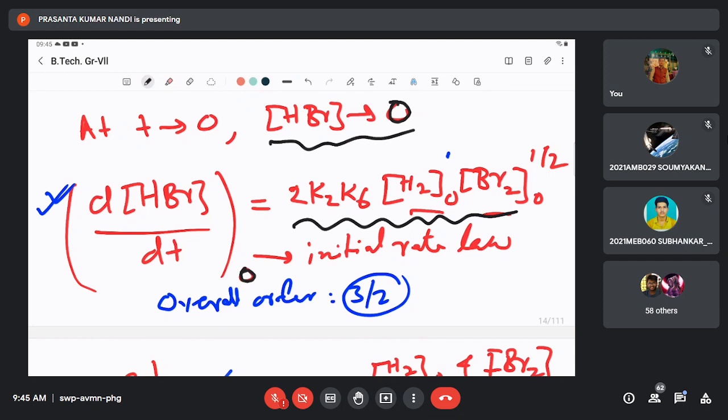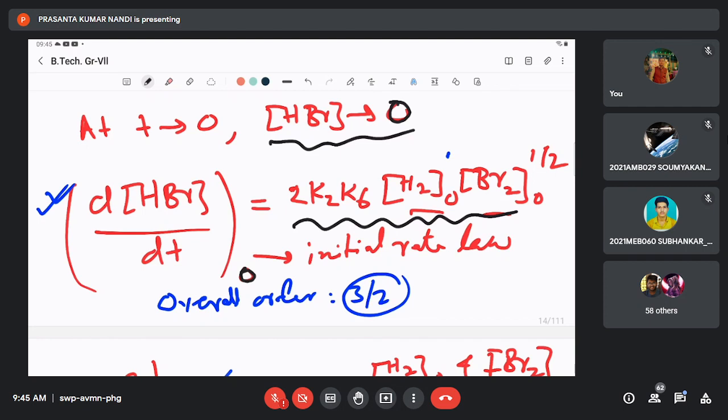And naturally, as you may expect, what is the overall order of the reaction now? It is 3 halves. [H2]0 means the concentration of H2 at the very beginning of the reactions. Likewise, [Br2]0 indicates the concentration of bromine at the very beginning.